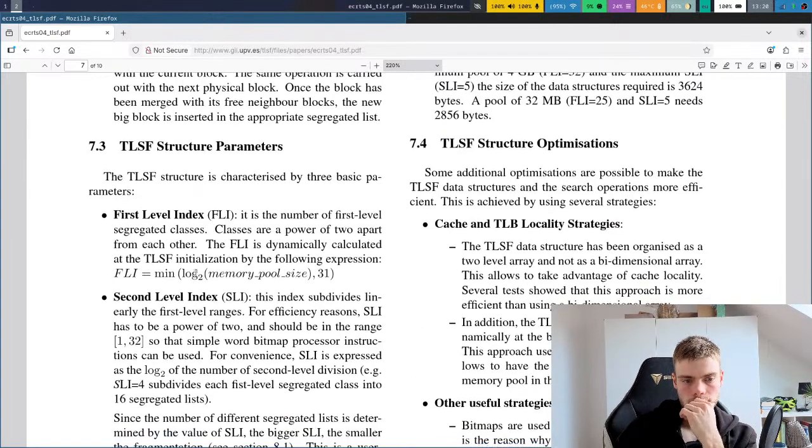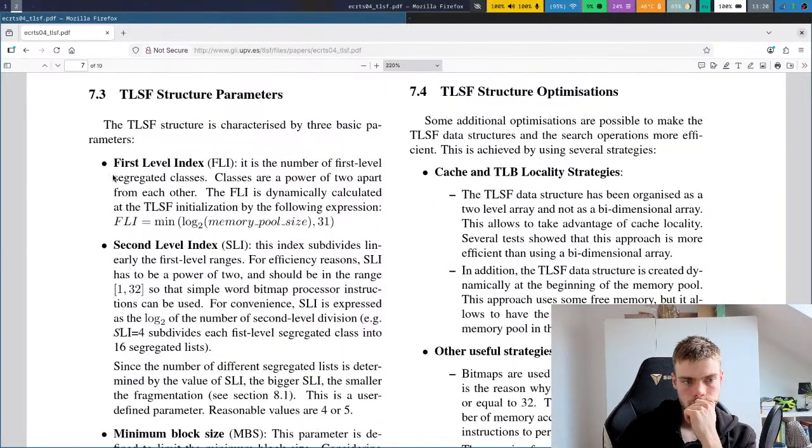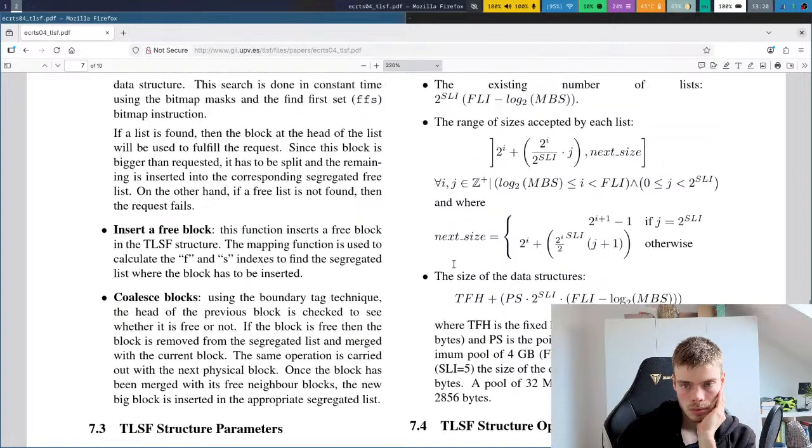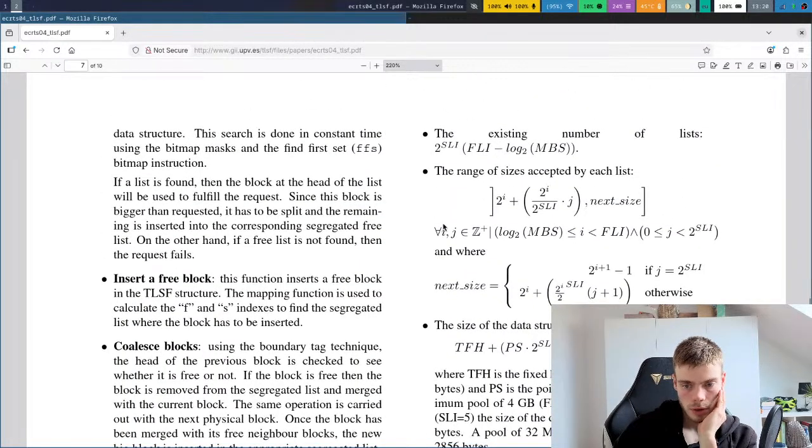So first level segregate. Make this a parameter, I don't know. Whatever.